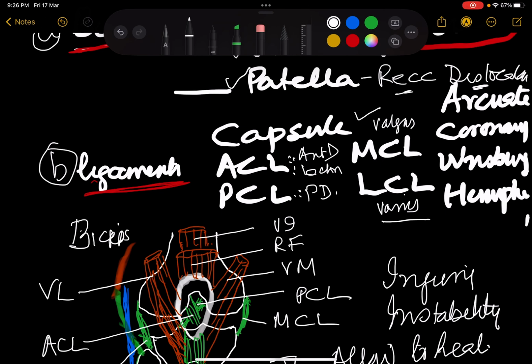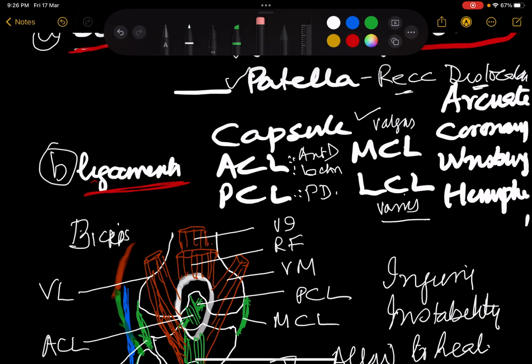Besides this, if you are asked about other ligaments, you can say the arcuate ligament, which arches around the tendon of the popliteus, and the coronary ligaments, the meniscofemoral and the meniscotibial ligaments, which connect the menisci to the tibial and the femoral condyles.